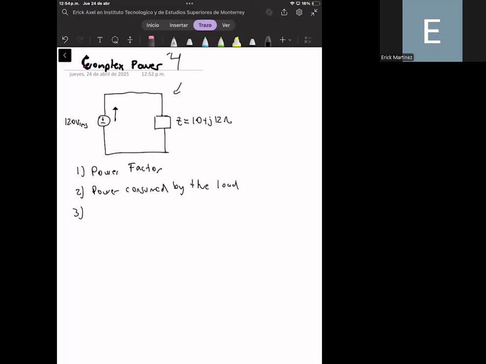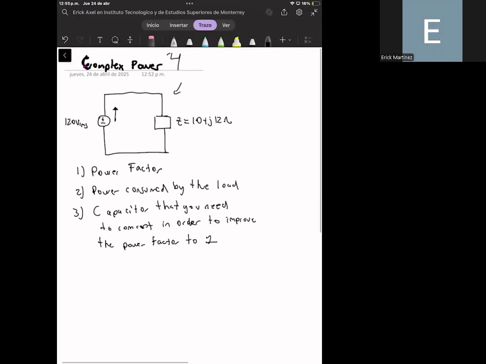And three, we want to compute what is the capacitor that you need to connect in order to improve the power factor to 1. Okay, so these are the 3 points.